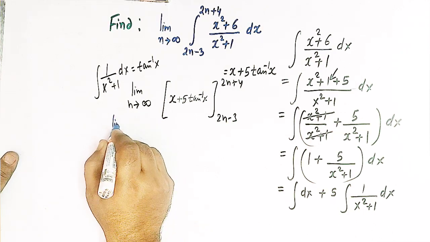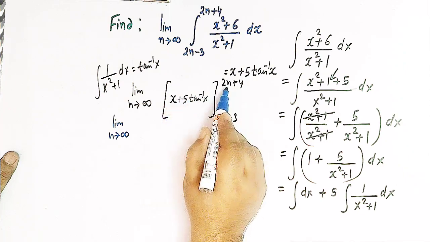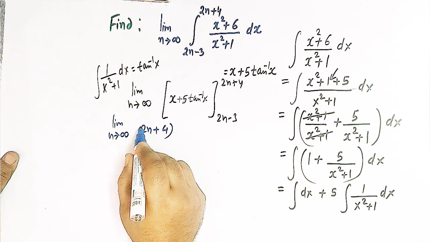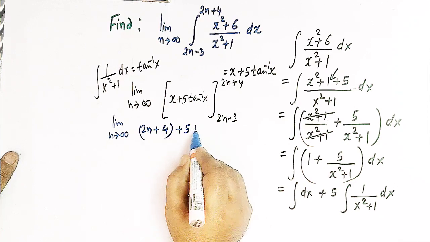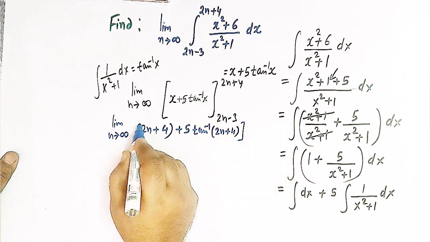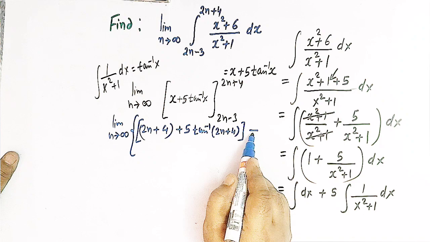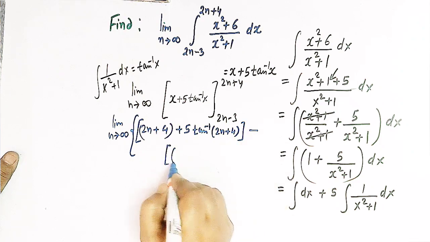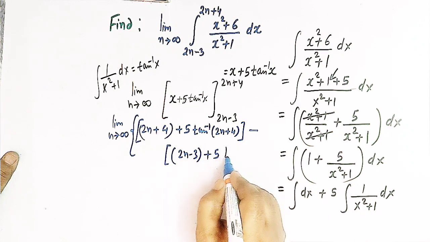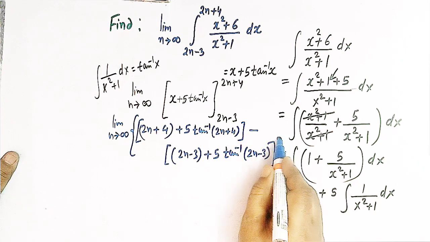First we'll substitute the upper limit: 2n plus 4 plus 5 times tan inverse of 2n plus 4. This is our first term. Then we have the negative sign, and we have 2n minus 3 plus 5 times tan inverse 2n minus 3.